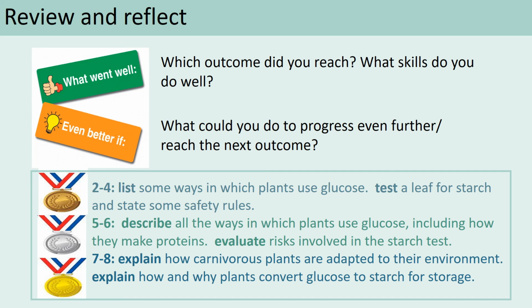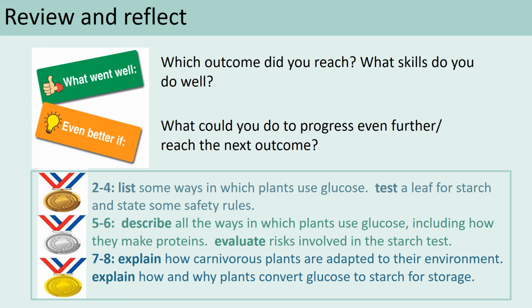Hopefully we can describe all the ways in which plants use glucose. Good ones to remember are making proteins, respiration, making lipids, cellulose is an important one, and obviously starch. And hopefully you could have a go at evaluating risks in the starch test. So how can you make sure that you're being safe with ethanol and boiling water and things like that?